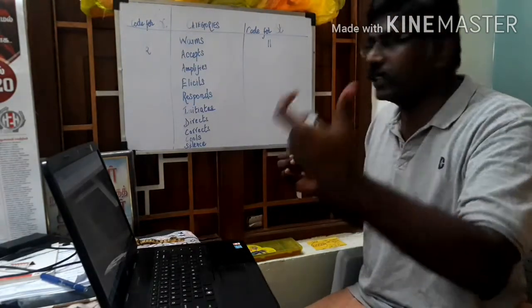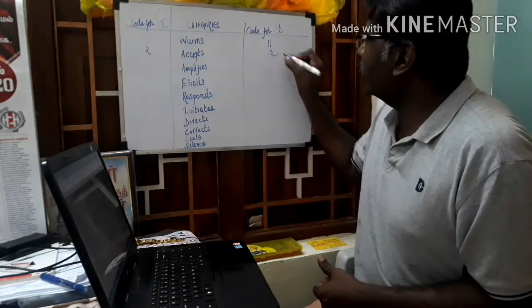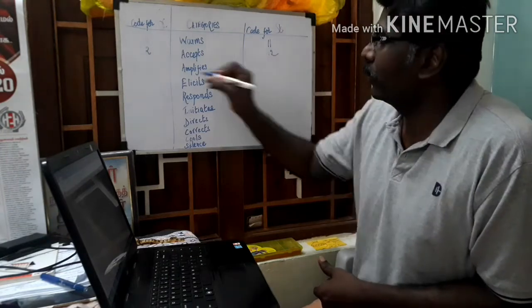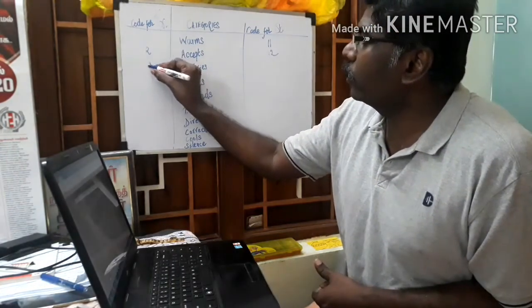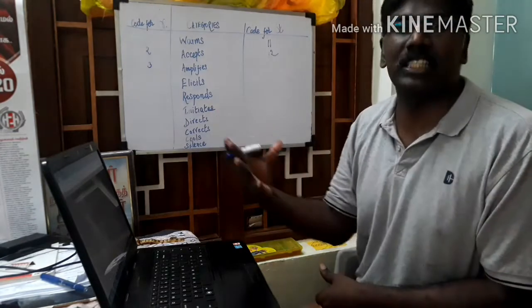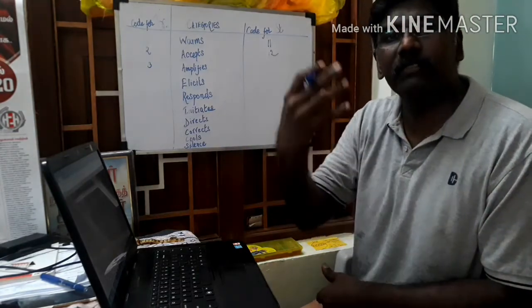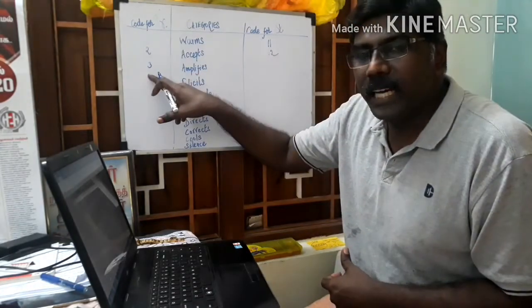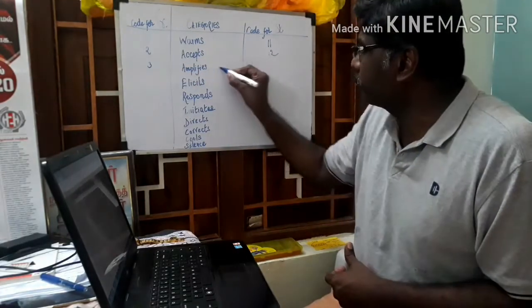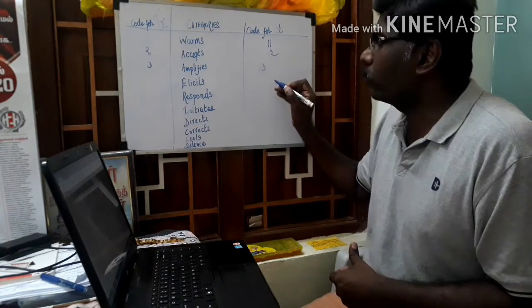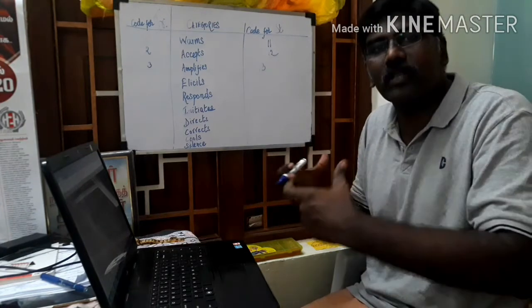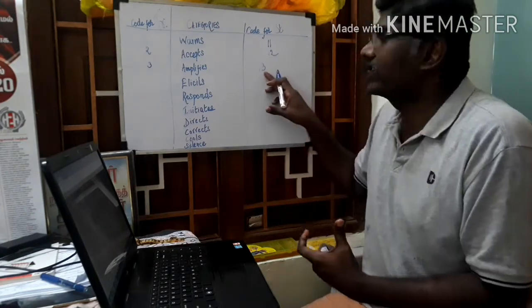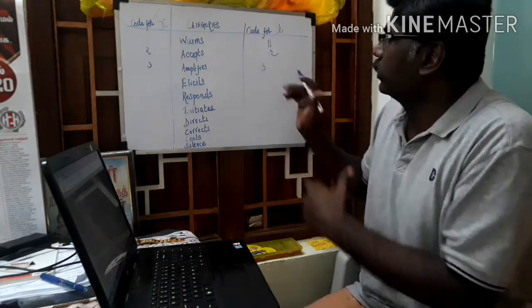Accepts the feeling, everything. When the student accepts, it is 12. The same way, when you amplify the explanation, that is when you are explaining, describing the concepts, and the teacher is involved in this category, you have to give 3. And when it comes to students, sometimes students also share their views, right? Then it comes under 13.